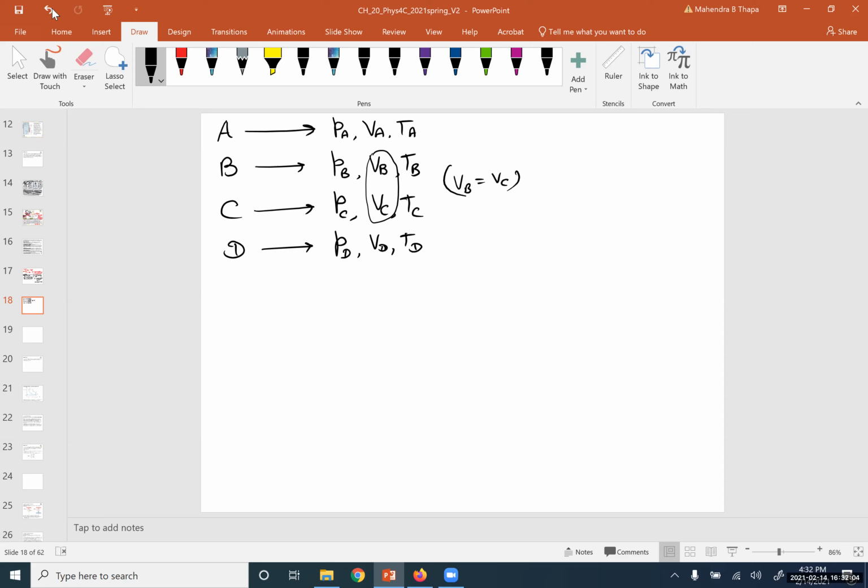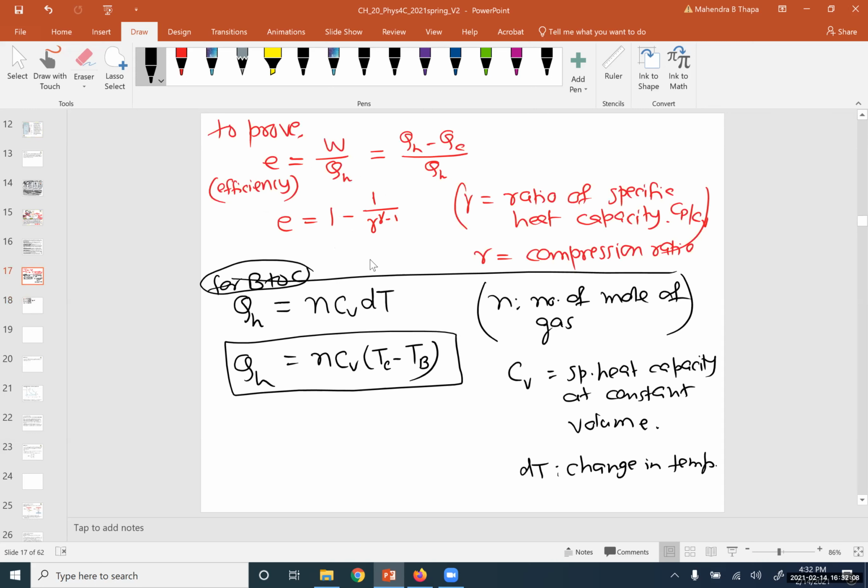Similarly, we can see for this part, our goal is to find QH over QC. So we need to find QC.